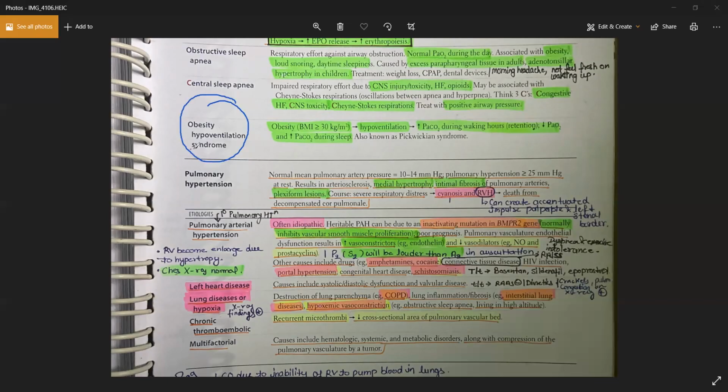After this plaque formation, you will have a thickening of the tunica media, which is the medial hypertrophy. As a result of this medial hypertrophy, the lumen will become very narrow. After this, fibrosis of the tunica intima will start. You will ultimately have a fibrosis in the tunica intima.